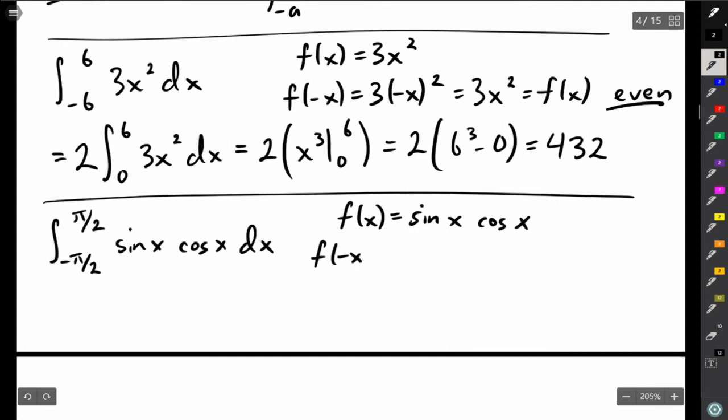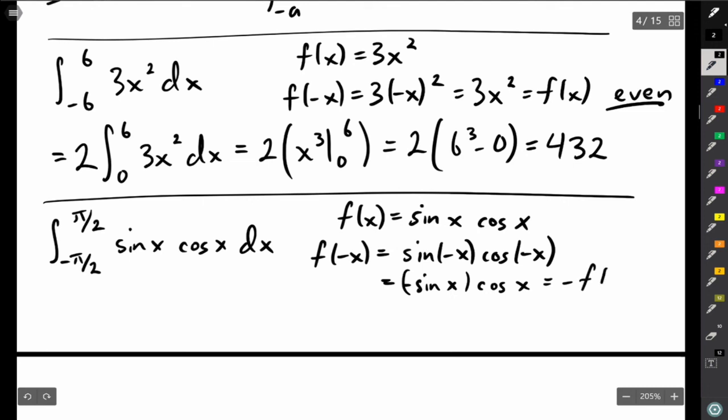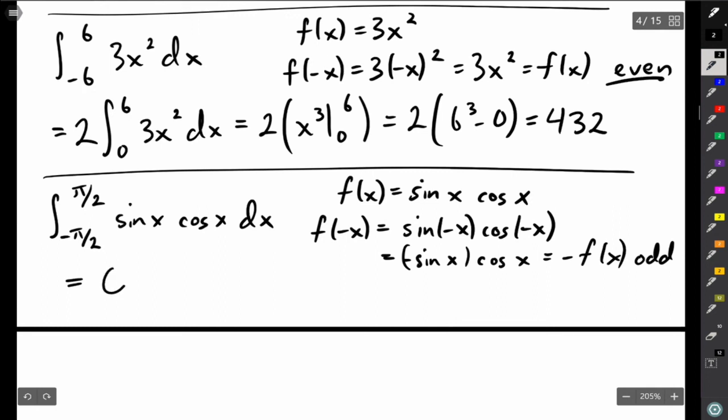F of minus x would be sine of negative x cosine of negative x. We know sine is odd, so we can pull out this negative. But cosine is an even function, so the minus just goes away. And if we look at this, this is negative f of x. So this is odd. I almost wrote do. Odd. So we immediately know that this integral is 0 because it's an odd function.